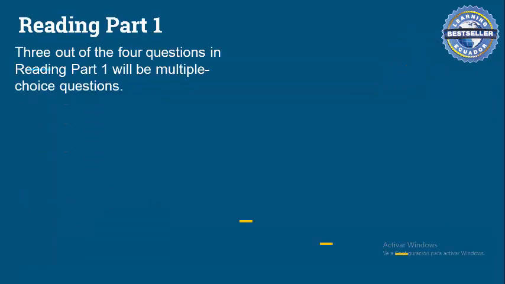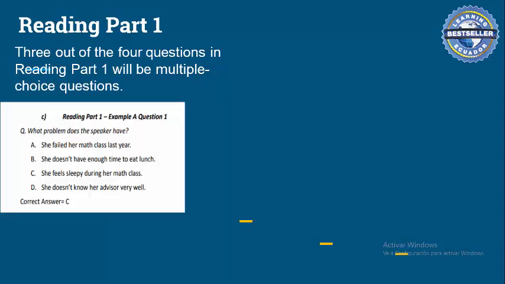Okay, now let's go to reading Part 1. 3 out of the 4 questions in reading Part 1 will be the type of multiple choice questions. Like this one. This is an example of the multiple choice questions.